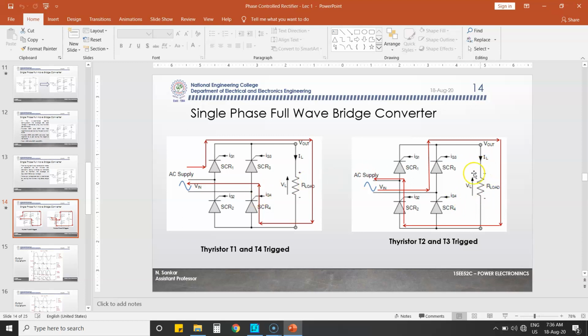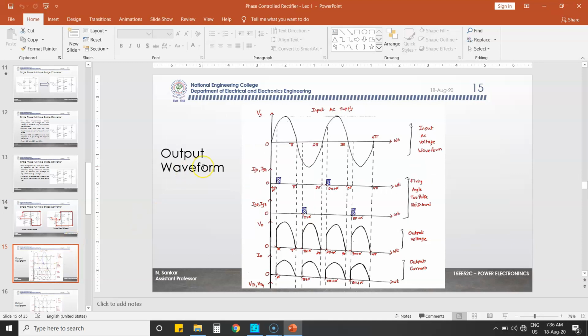Due to which we have a voltage drop across the load, that will be taken as your output DC voltage. So here the main thing is, when we are triggering the pulses, we will trigger the gate at alpha degree.